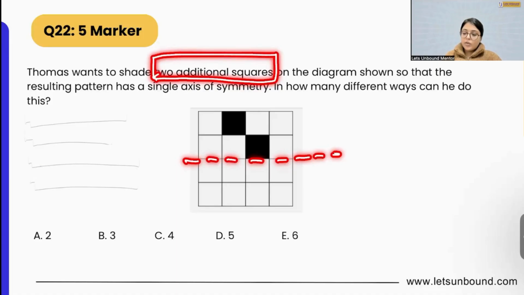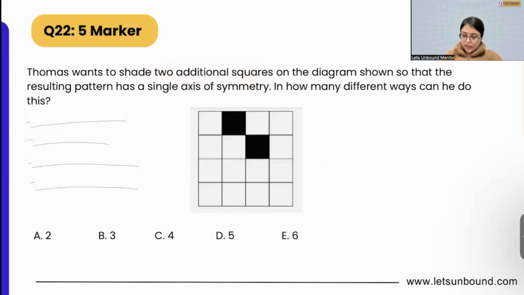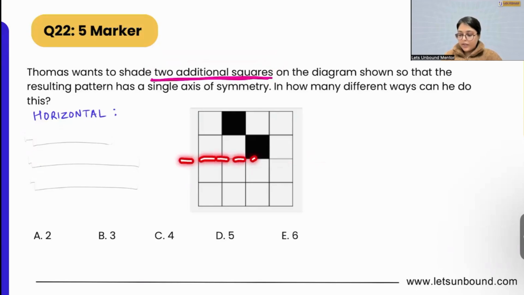With respect to horizontal symmetry, we need to see where I shall place the two additional squares in my diagram so that it is symmetrical. So that means I should shade this and I should shade this. Okay, so there is only one possible way.